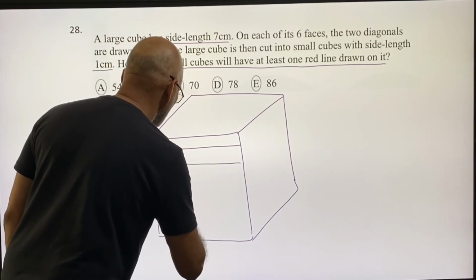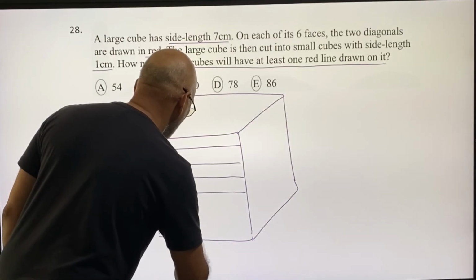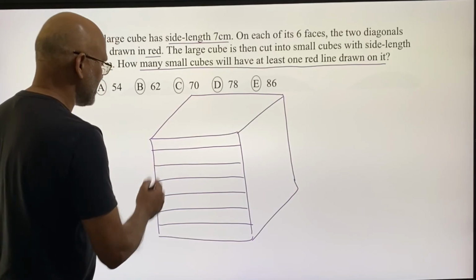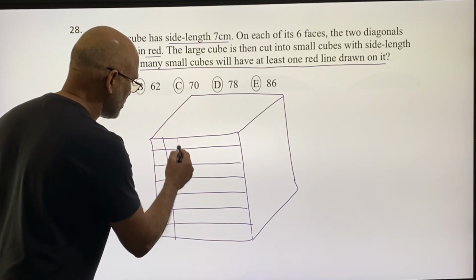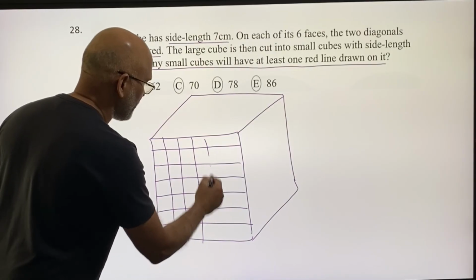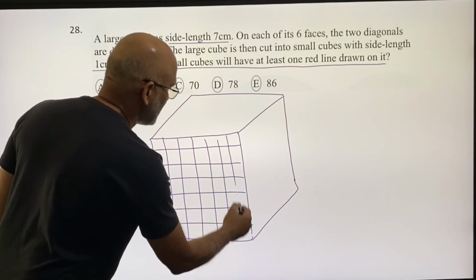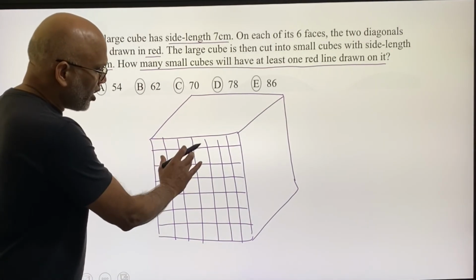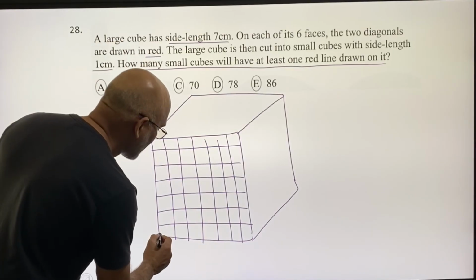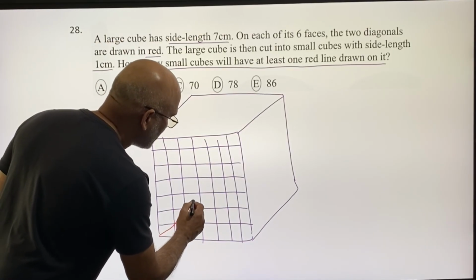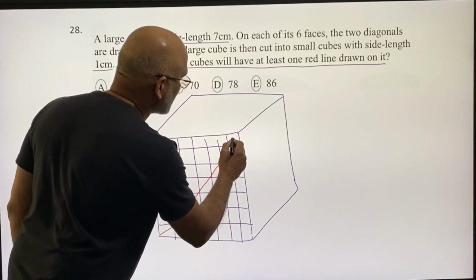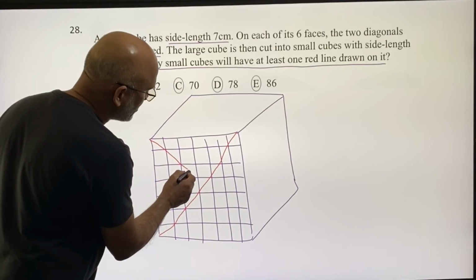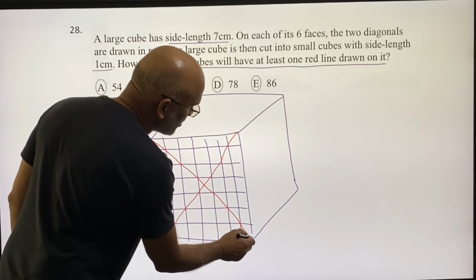1, 2, 3, 4, 5, 6, 7. 1, 2, 3, 4, 5, 6, 7. Similarly here, 1, 2, 3, 4, 5, 6, and 7. Okay. Then let me draw the red diagonals. If I draw the lines to scale, the diagonal has to go through these corners, right? Similarly, this diagonal has to go through this, right?